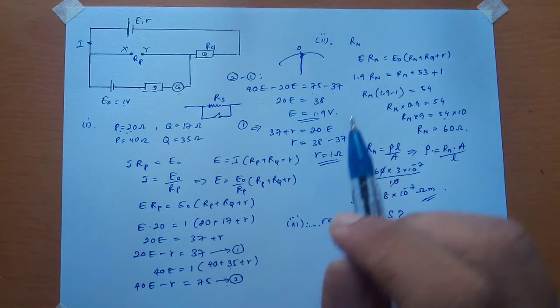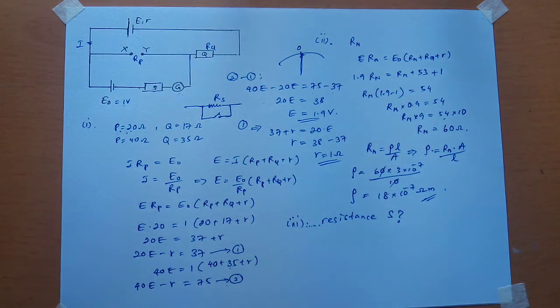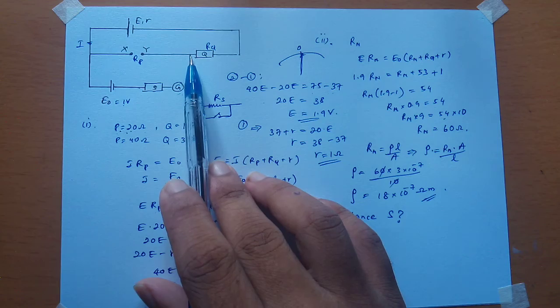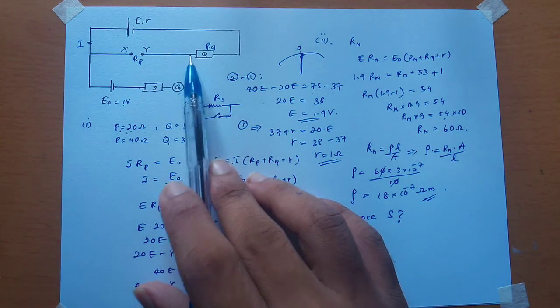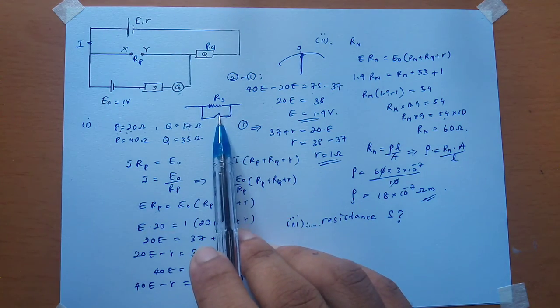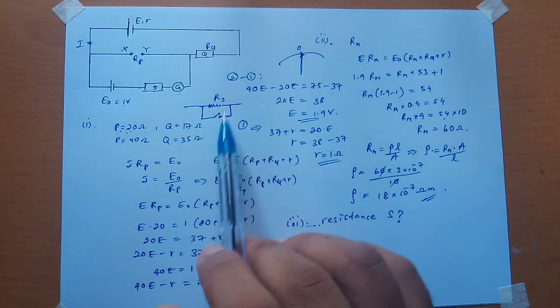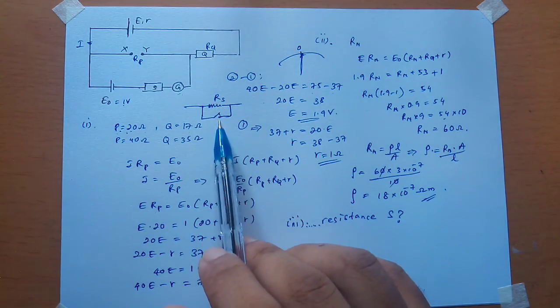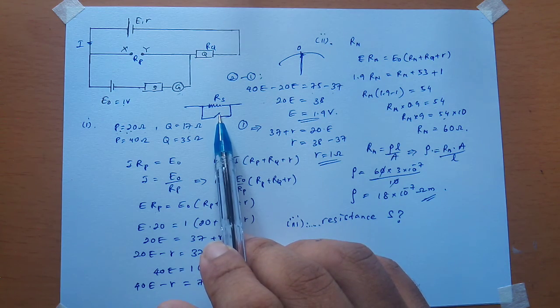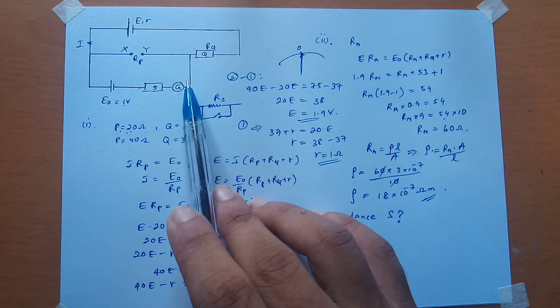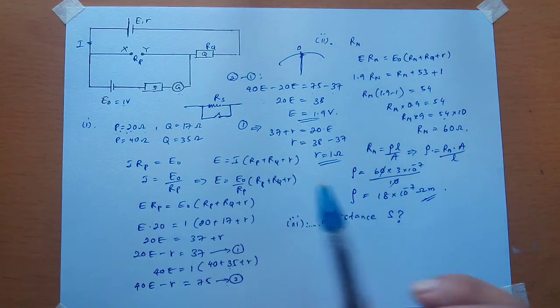So first, find the balance point nearly by keeping the switch open, and after that short the resistor by putting this switch on, and take the galvanometer balance point accurately.